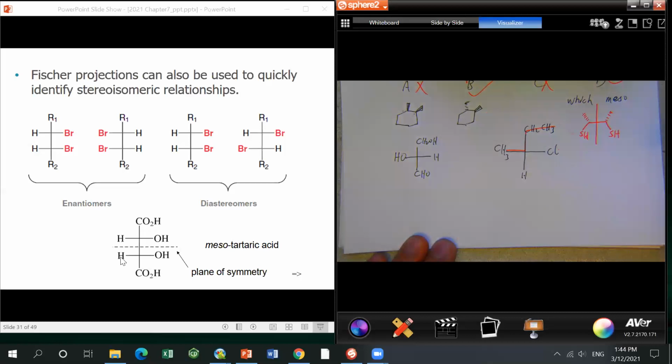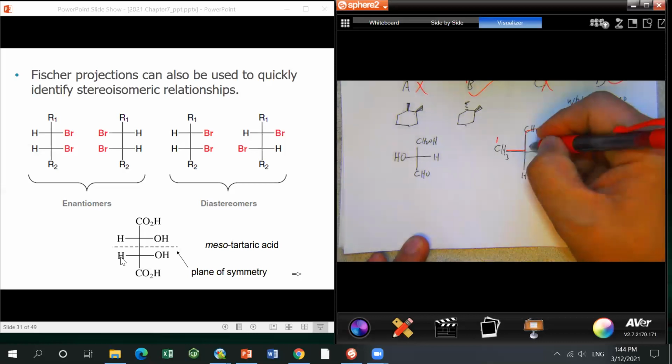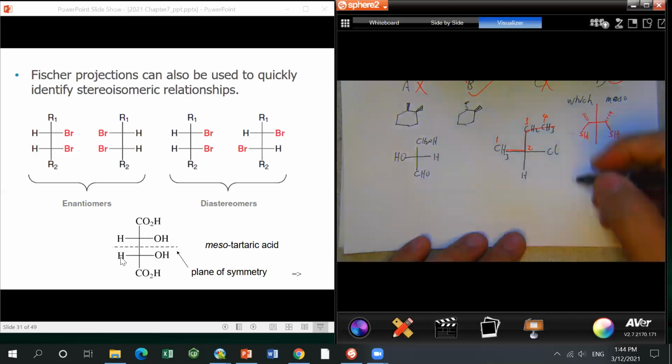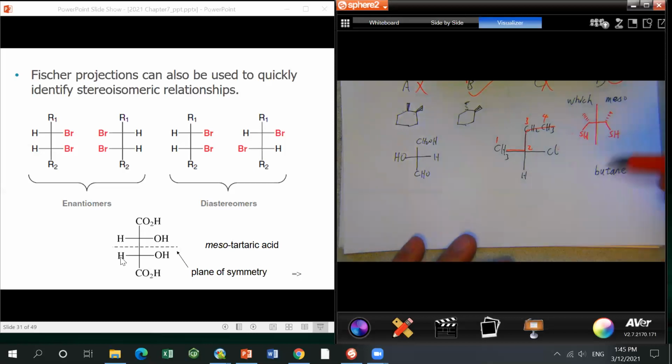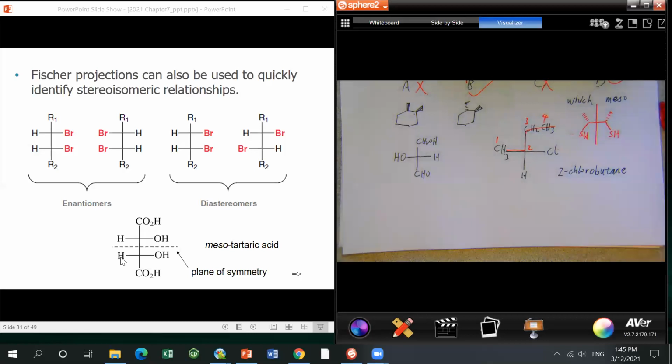Next we number this main carbon chain, trying to give the substituent the lower number. So we start from this carbon: 1, 2, 3, 4. So four carbons, butane. Then the chlorine we put before the parent name, so that's 2-chloro, 2-chlorobutane.